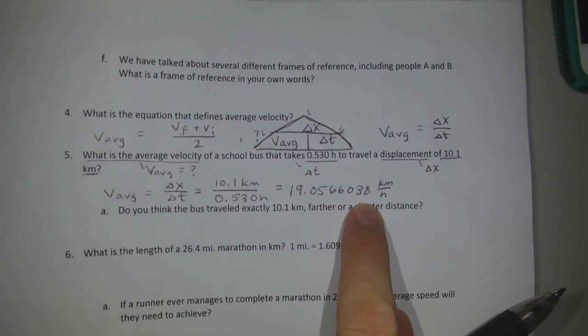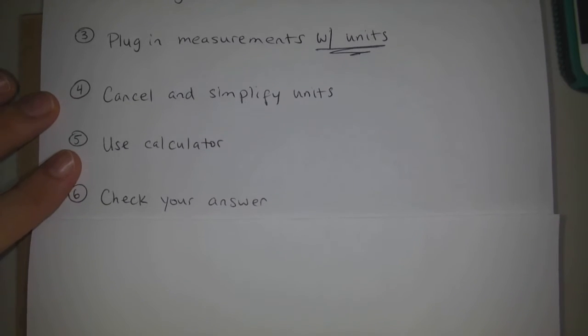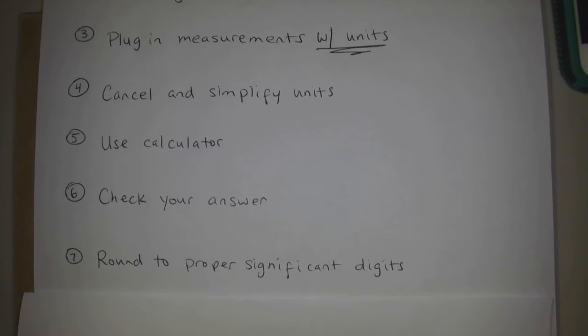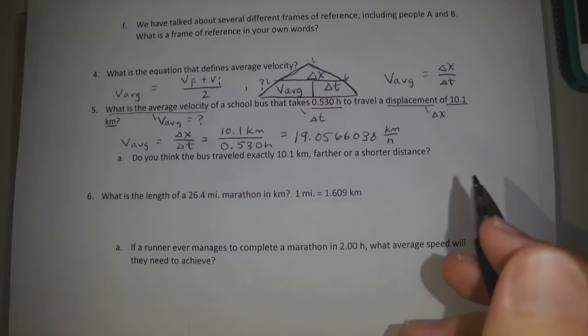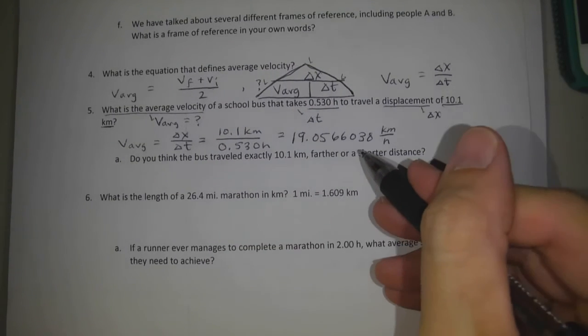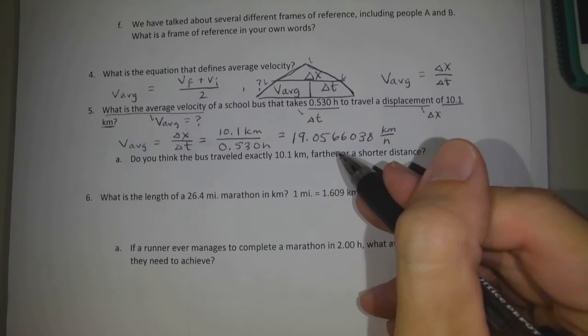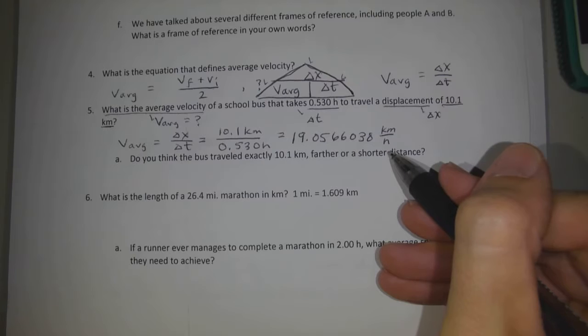So let's go to the final steps of our problem solving. Okay, check our answer. And finally, round to proper significant digits. By check our answer, let's think about whether this makes sense. 19, almost 20 kilometers per hour. That's pretty slow.